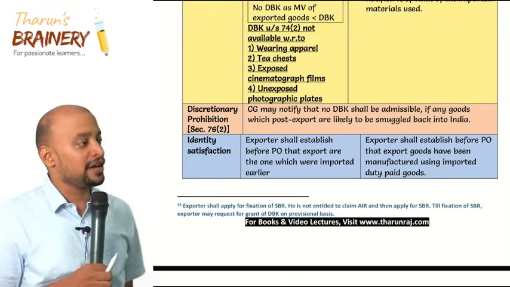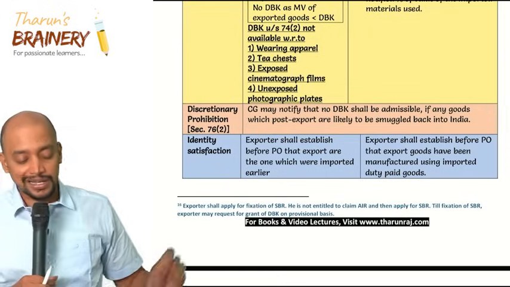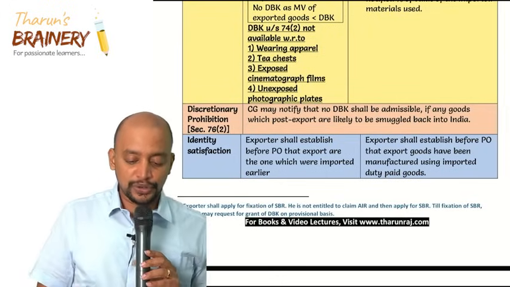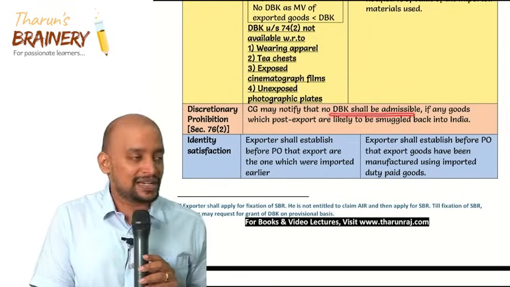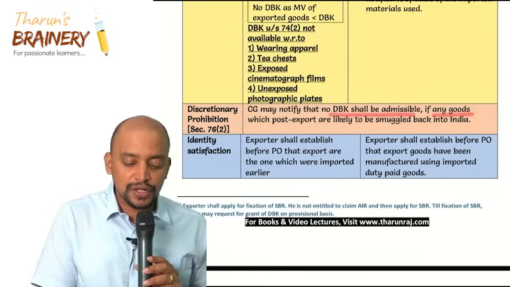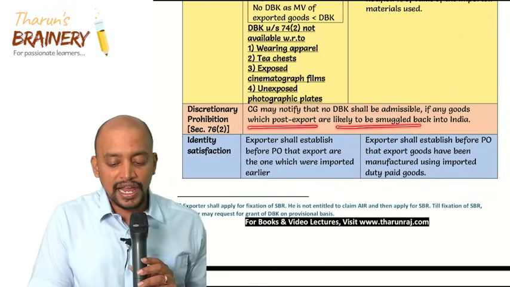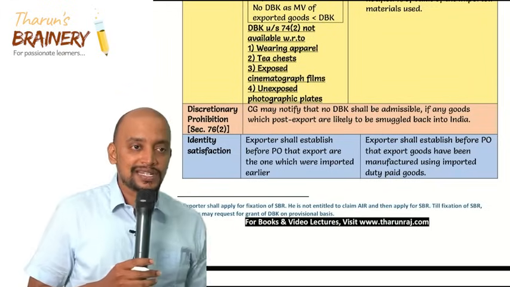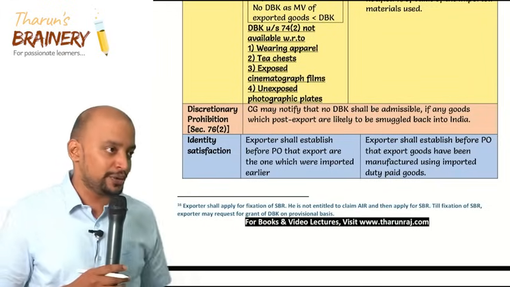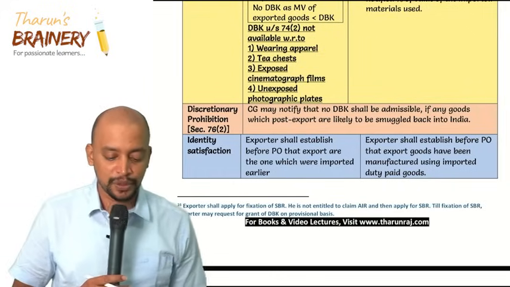You understood or not? When people try to cheat this way, they may not grant the duty drawback. Central government may notify that no duty drawback shall be admissible if any goods which post export are likely to be smuggled back into India. That's why for certain countries when we are selling, we will not get the duty drawback. That is this discretionary prohibition.